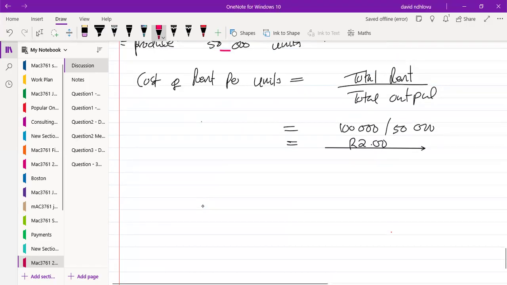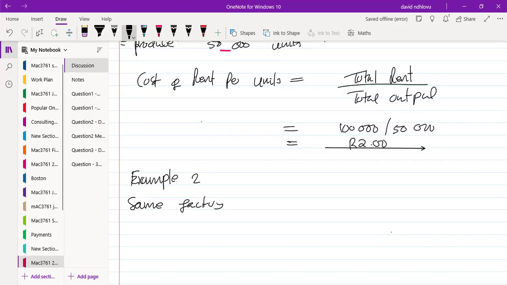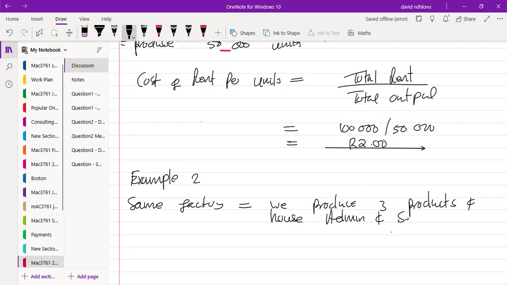Now, if I take the same factory, but we produce 3 products there and house admin and sales offices.